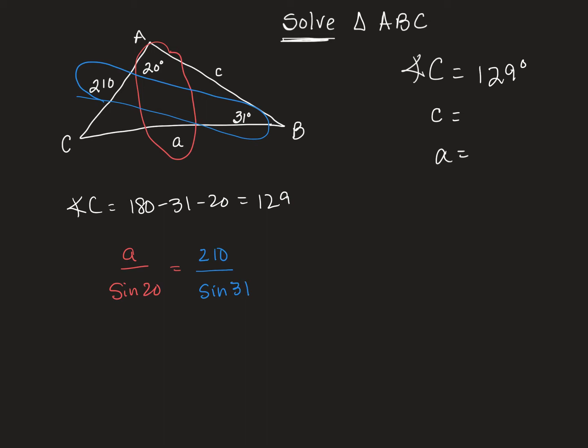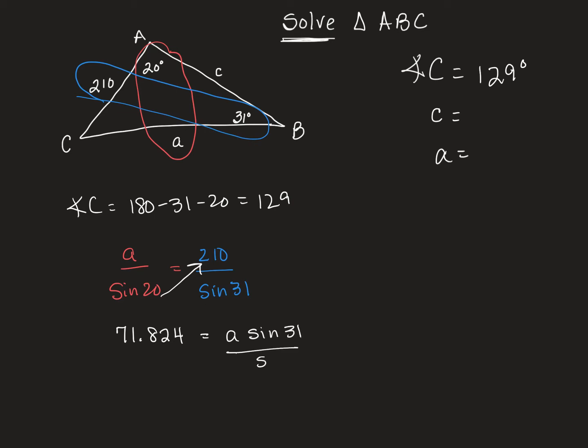Okay, we're going to cross multiply, meaning I'm going to take these two and multiply them. So 210 sine of 20. Make sure your calculator is in degree mode, and you hit enter, and I get 71.824 equals A sine of 31.